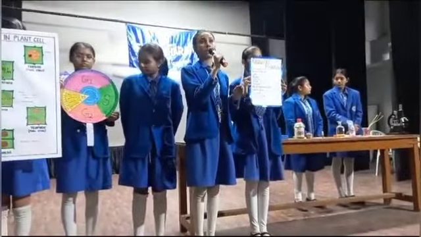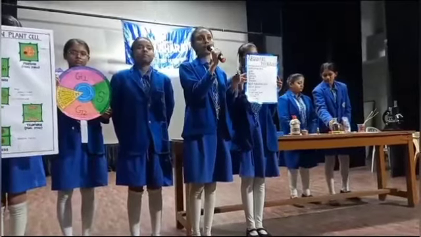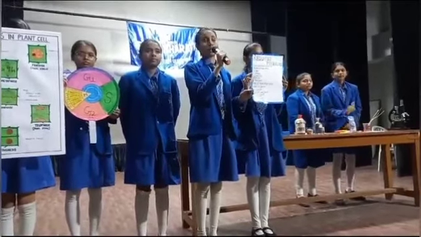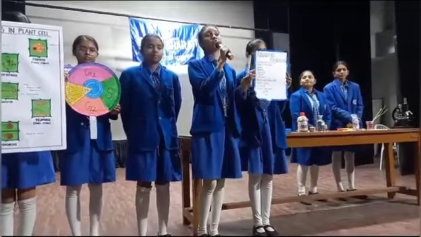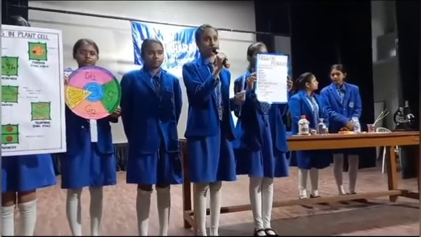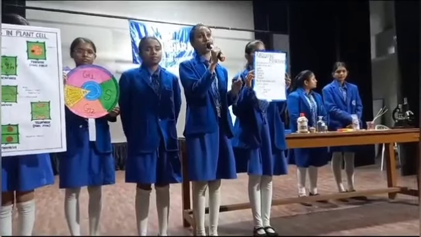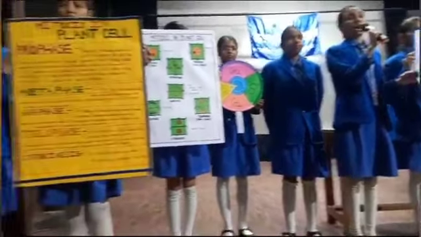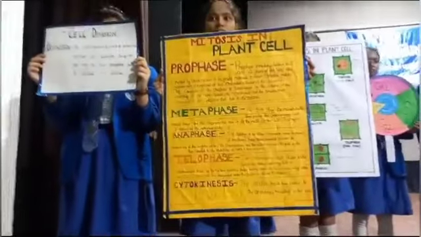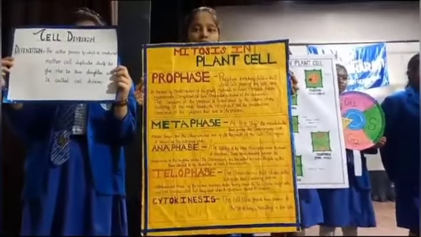The second one is meiosis, in which the parent cell divides itself into four haploid daughter cells. Mitosis is essential for the growth of the cell and also for the replacement of the worn out cells.